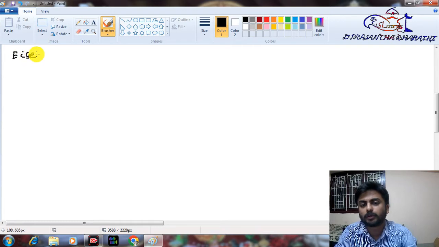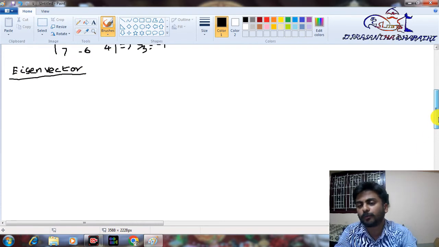How to find the eigenvector is the important part of this problem, because till this step everyone can do it. From this step onwards we have to do very carefully.